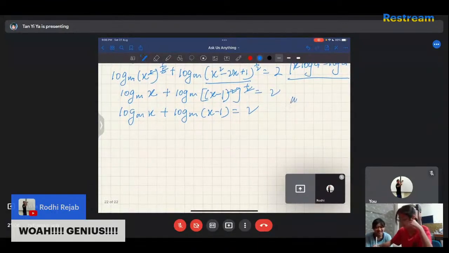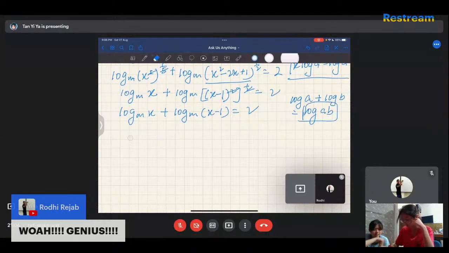Okay. So as we know that log A plus log B equals to log AB. So just use this. Equals to x times x minus 1.